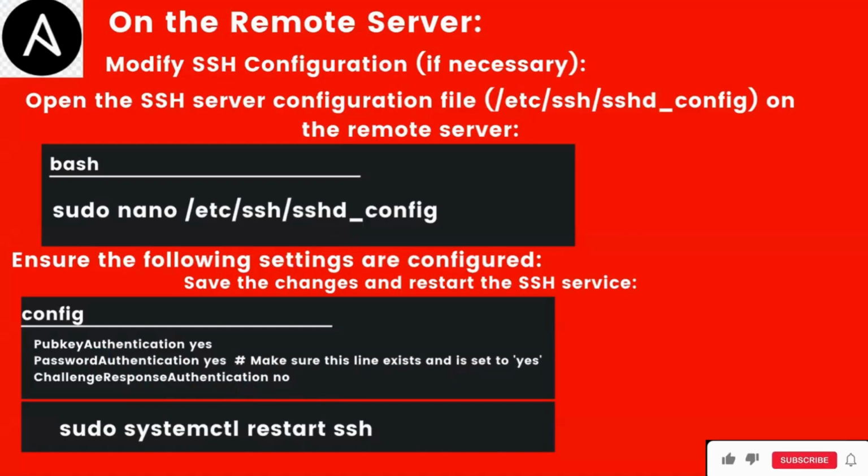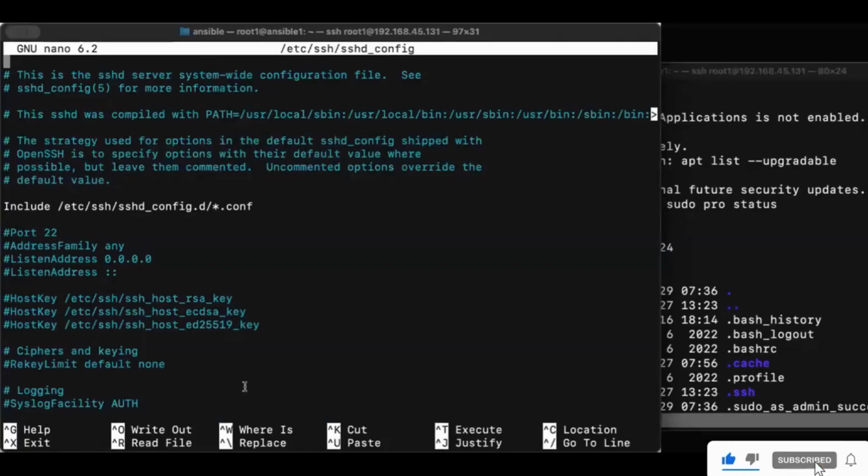Sorry. Okay. So where you can see this file: port 22, address family, authentication, SSH key, host key. Can see the file.